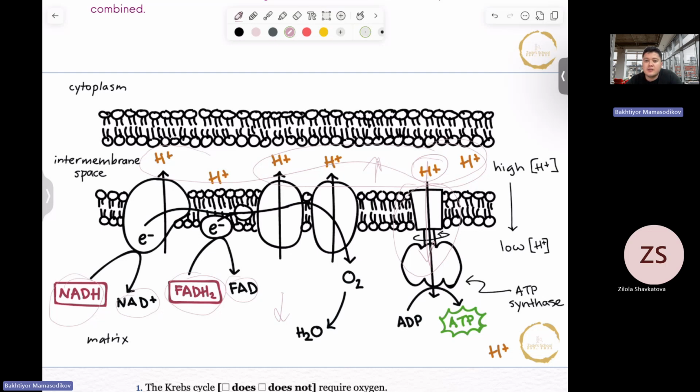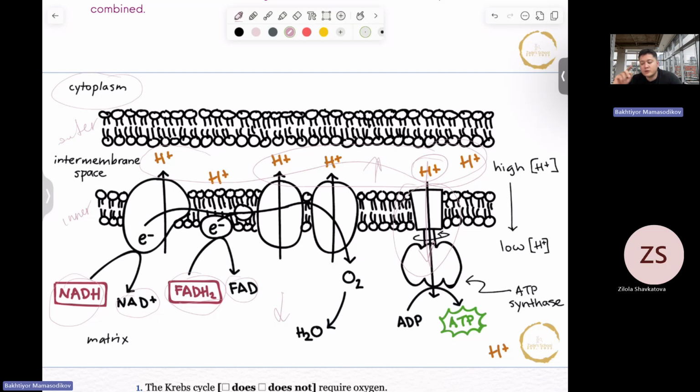Regarding this, step one, what's happening? NADH and FADH2 are donating the electrons, dropping off the electrons to the protein complexes in the inner mitochondrial membrane. This is the inner membrane, this is the outer membrane. You shouldn't confuse between them. Always look at the instructions. NADH gives off electrons to the first complex.